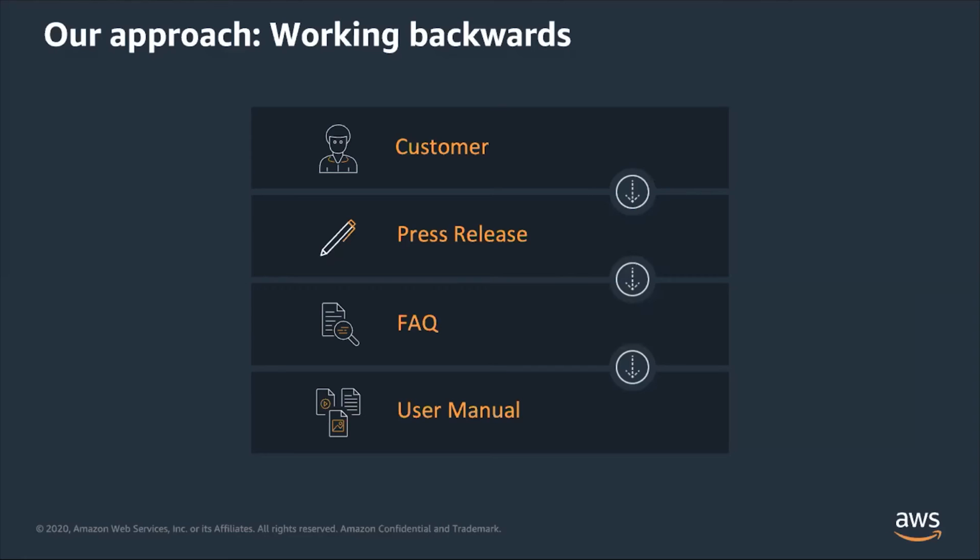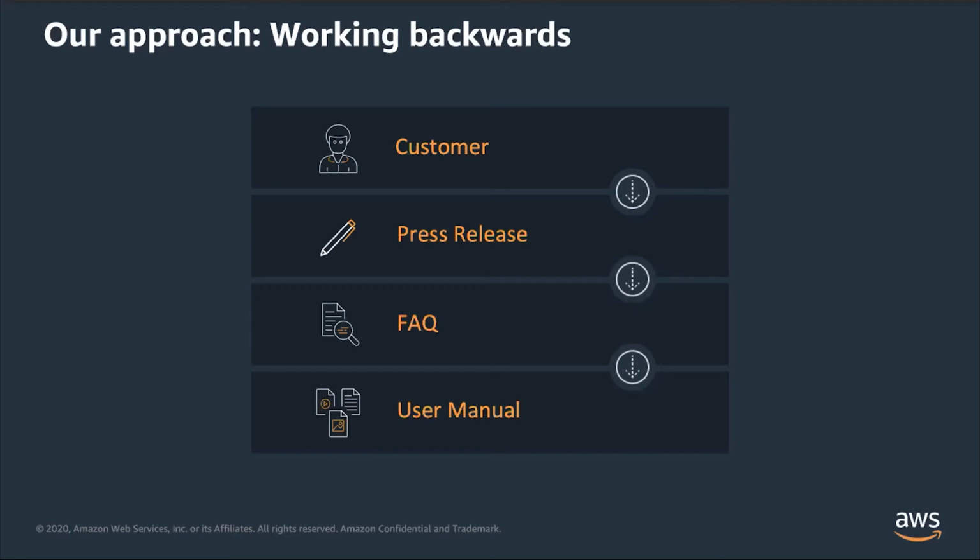And what we found is that actually doesn't really work all that well, because if you start from customer needs and work backwards, you're going to build something that really is much more effective at meeting those customer needs.